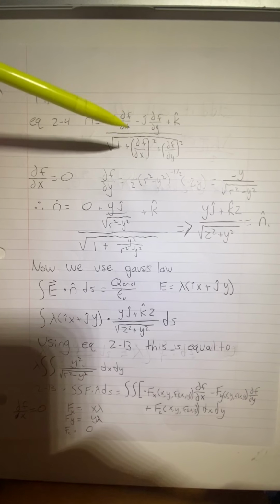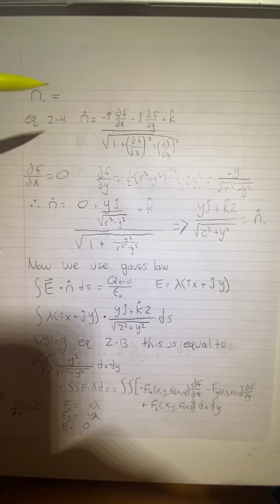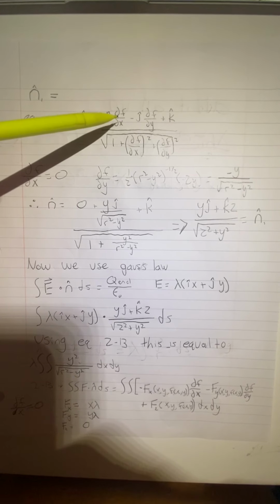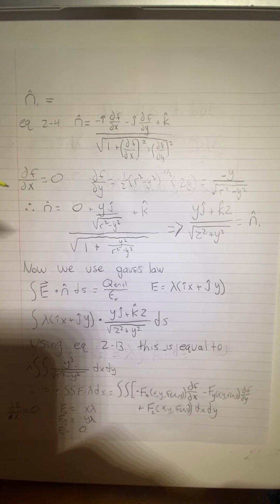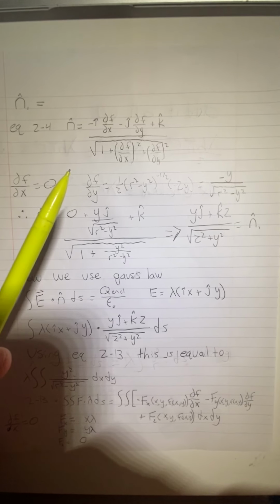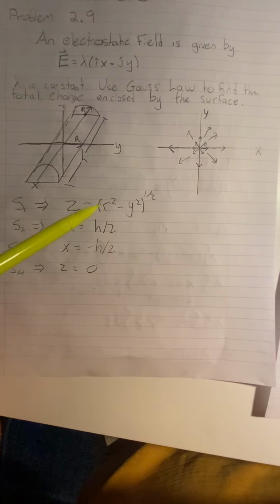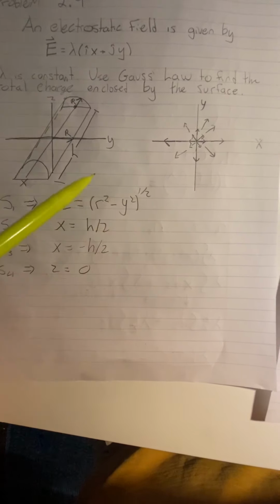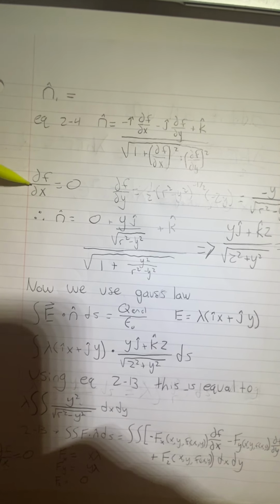We want to find our function in terms of x and y. That function for us is the function that they give us for z. Going back over here, our function in terms of x and y is this z function. You notice there is no x in it, so when we find the derivative of that with respect to x, we get 0.